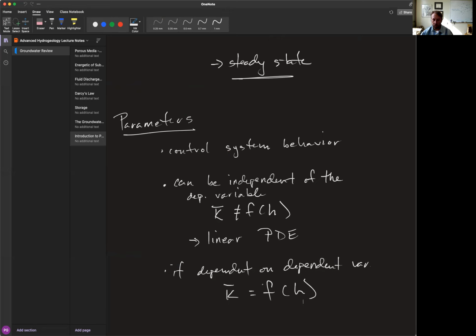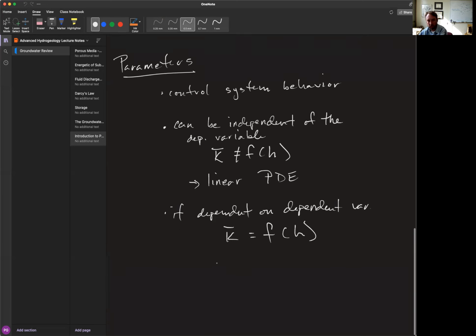All right, we get this really coupled feedback in our system, and these are called nonlinear PDEs.